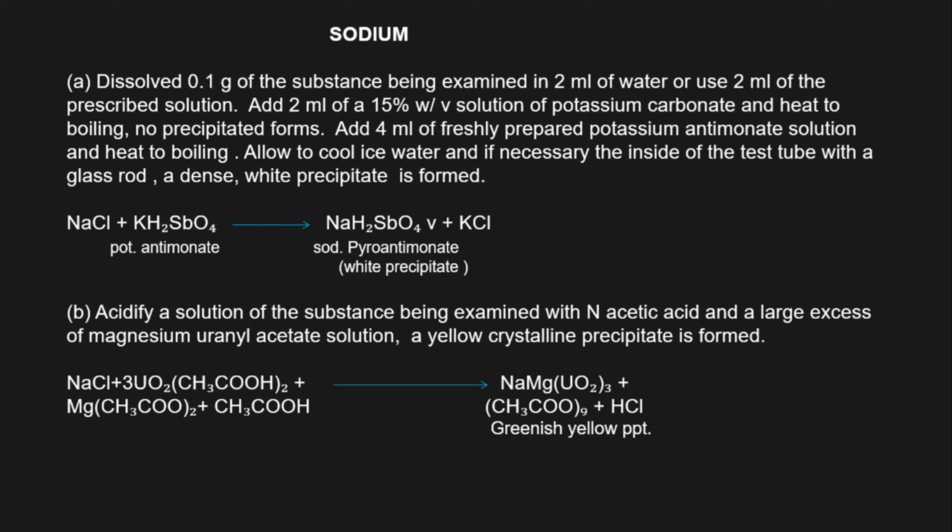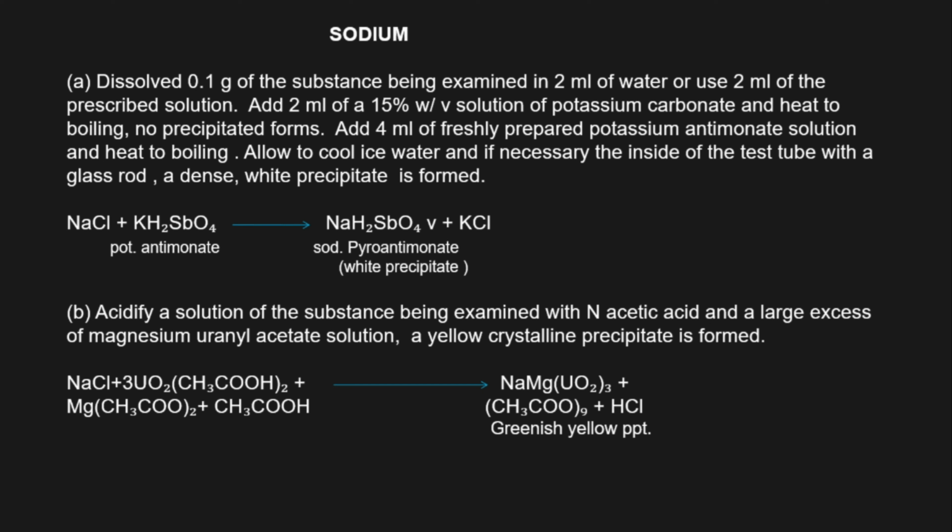The reaction followed here is as under. Sodium chloride reacts with potassium antimonate to form sodium pyroantimonate, which gives white precipitate. The second method of identification of sodium is as under. Acidify a solution of the substance being examined with 1 normal acetic acid and add a large excess of magnesium uranyl acetate solution.